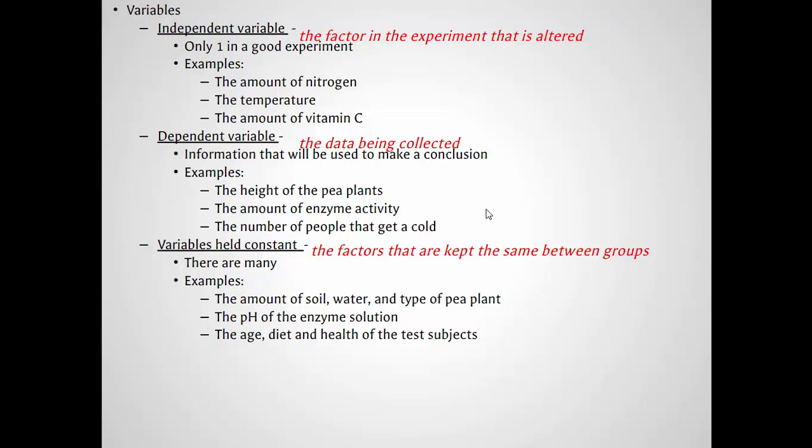In the enzyme example, we want the solution to have the same pH in both groups. In our vitamin C experiment, we want the patients to be the same age and diet, same health level. Only if we hold as many of those variables constant as possible do we have a well-designed, well-controlled experiment.